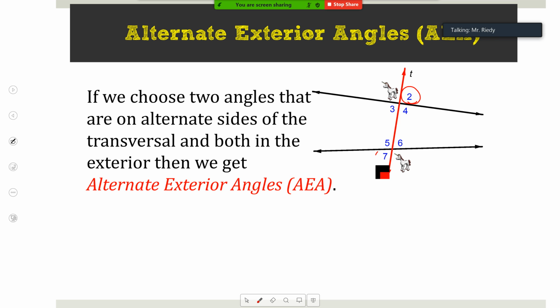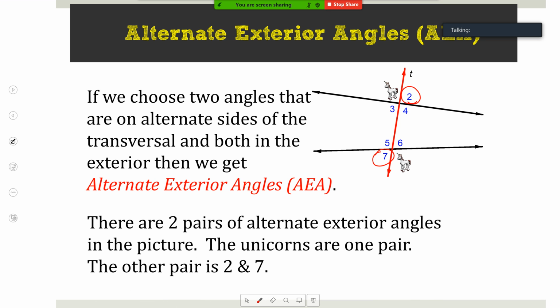The other pair would be 2 and 7. And again, abbreviation here, AEA, alternate exterior angles.